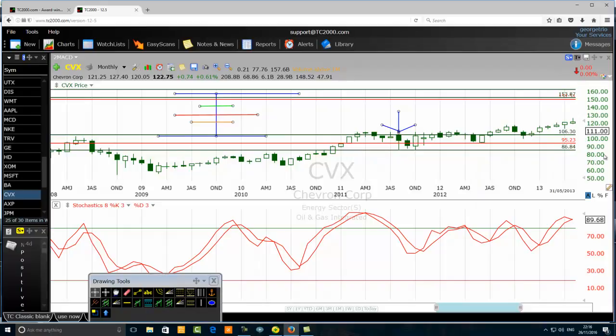So from the level of $106, the price went down on that particular month to $86.84. But look, though the price went down all the way here, it quickly found a support and went back above the median line. That candlestick bar is not bearish.